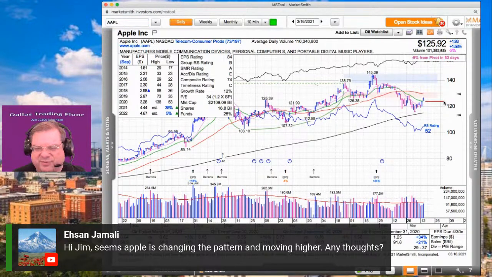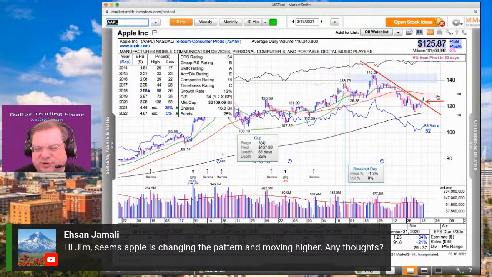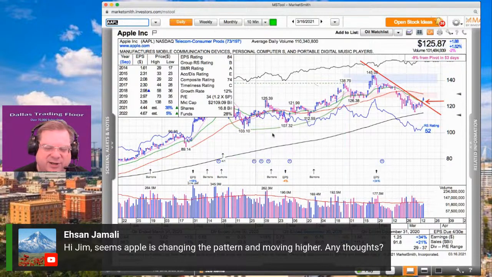We've moved above the 21-day exponential. That's this green line here, and what that shows is this is the trend line, and we have what I think is the beginning of a reversal. And whenever that happens, it's likely to move up in a pattern. Now, it came way down here.